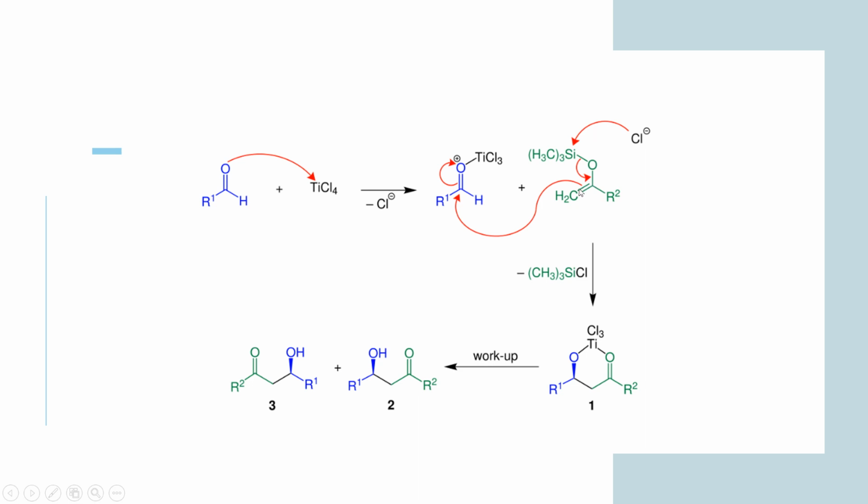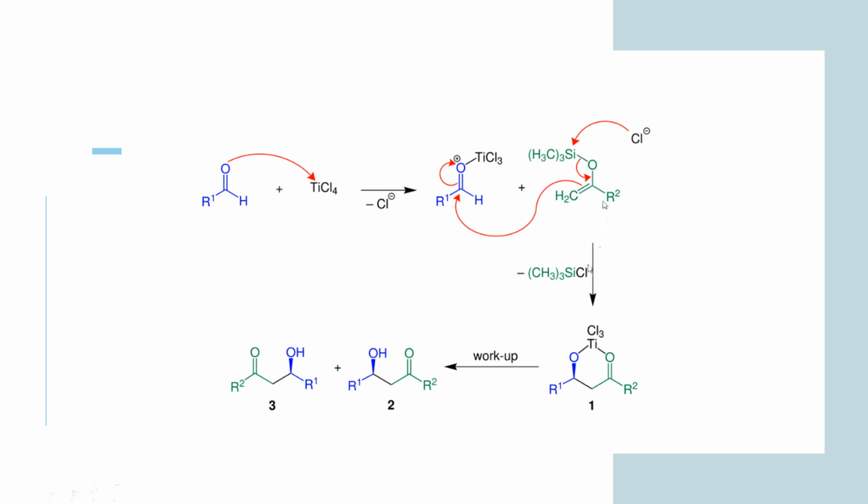And now this carbon carbon double bond of this enolate will attack at this activated carbonyl carbon. Thus you are going to eliminate this trimethylsilyl chloride as the byproduct of the reaction.